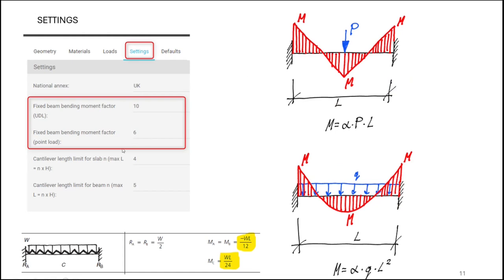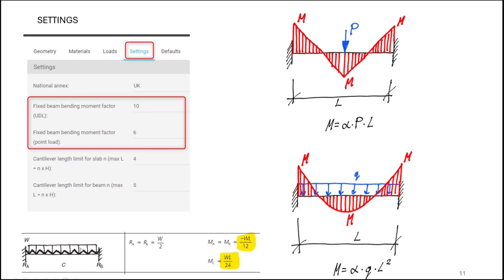Those factors are factors in the formula M = alpha times P times L in case of point load, or M = alpha times Q times L squared in case of UDL. And factors alpha are used to calculate hogging and sagging moment.